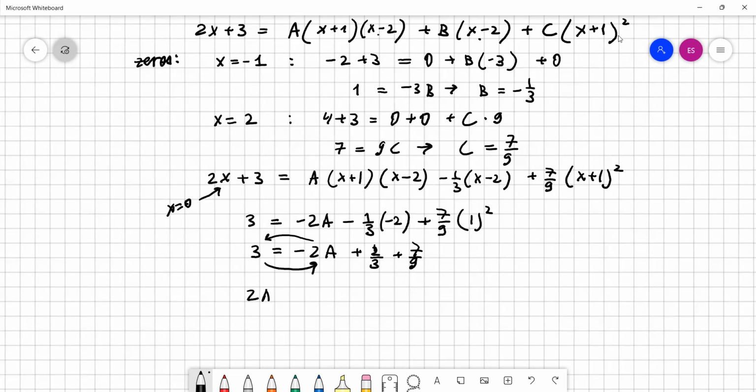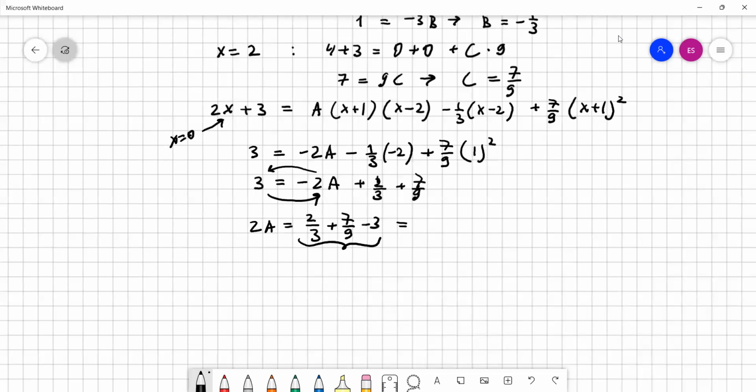So it's 2a equals 2 over 3 plus 7 over 9 minus 3. And I'm going to calculate the numbers actually. It's not very good to put 2 equal signs, but to make it a little bit faster. So the common denominator of all these expressions is 9, right? So I multiply this by 3, it's 6 plus 7. If I multiply 3 by 9, it's minus 27. And over here, 9.